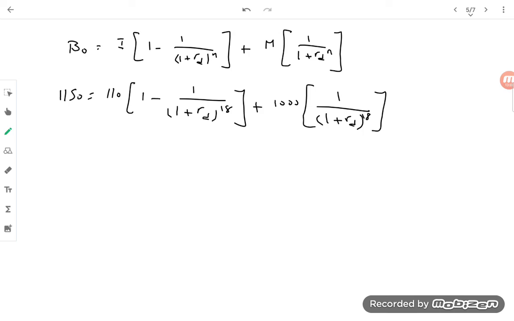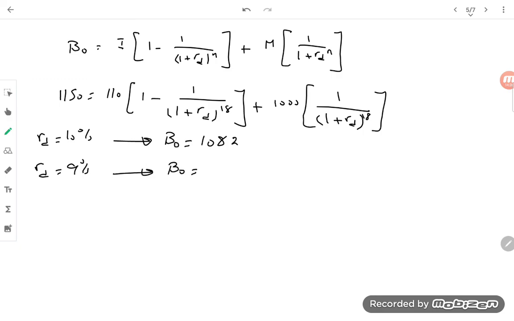So let's assume that it is 10%. If you are going to substitute in this equation by RD equal 10%, in this case, B0 will be $1,082, which is lower than the bond price, so we have to decrease the required rate of return much more. So we have to try it as 9%.